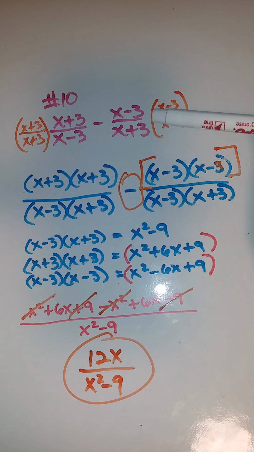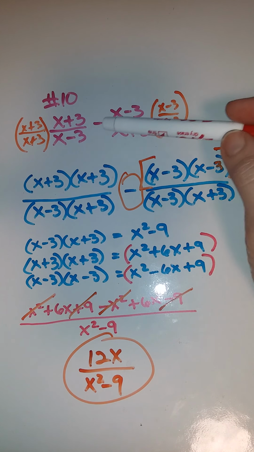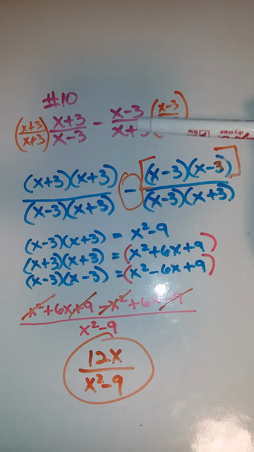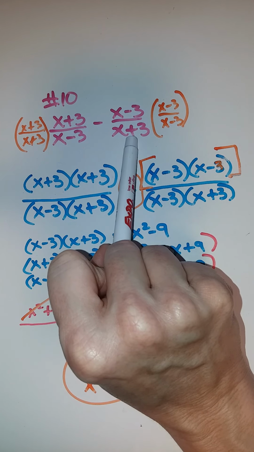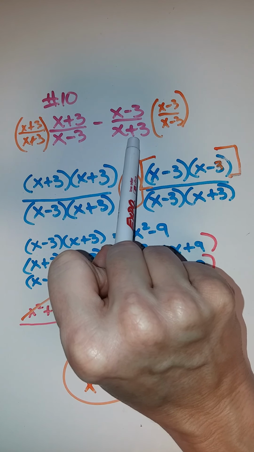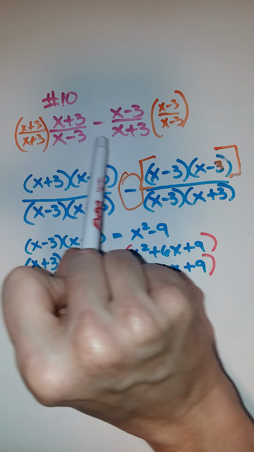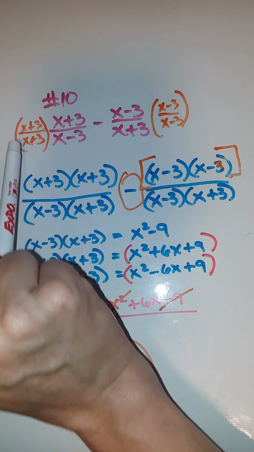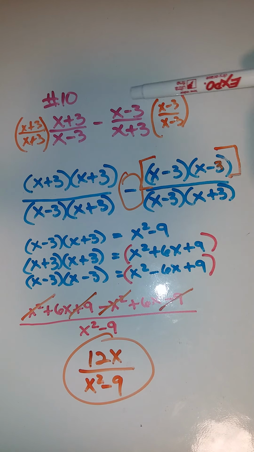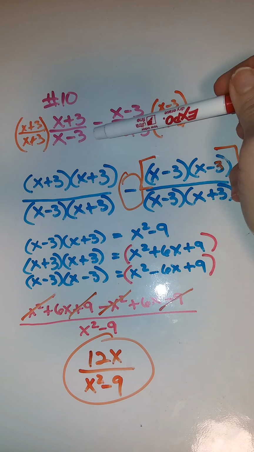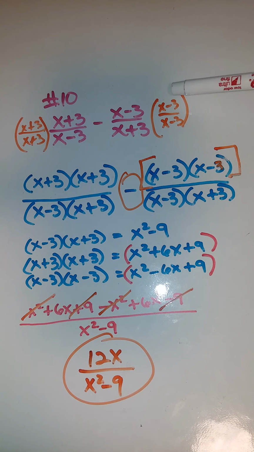Now, what we'll end up doing is, just like one of the earlier circumstances, we're going to multiply these two together in order to get a common denominator. So this side I'm going to have to multiply by x plus 3 over x plus 3. And this side of the expression we're going to have to multiply by x minus 3 over x minus 3.